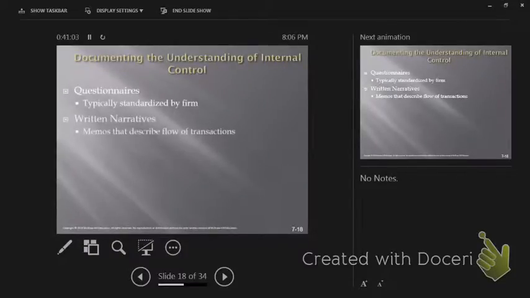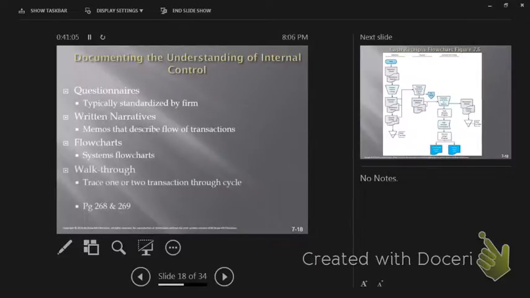And we've actually looked at a few of these, but they did have a few in your book. So on page 268, they had a questionnaire.